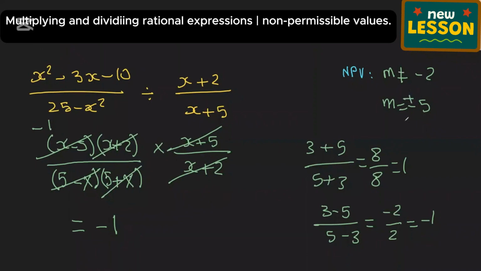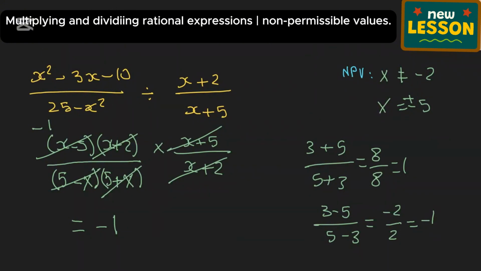So x cannot equal plus or minus 5. I don't know why I have m there. This should be x, because the variable in there is x, which doesn't matter really, x, m, n, z. So x cannot equal -2, and x cannot equal plus or minus 5. Right.